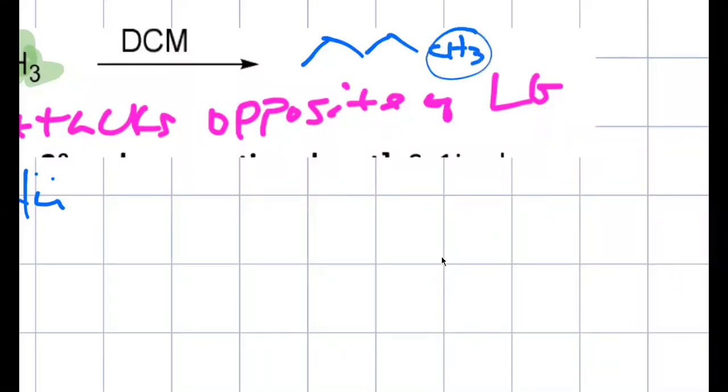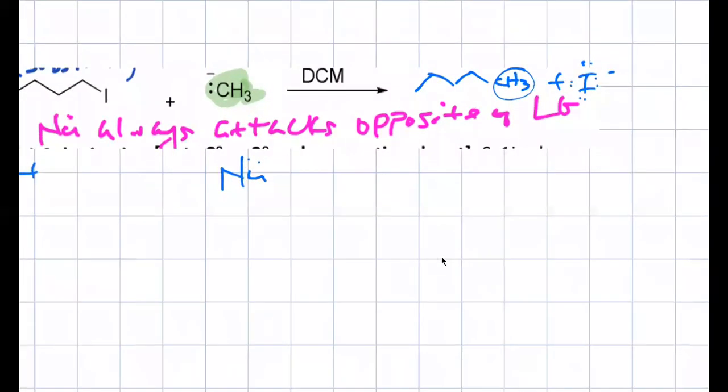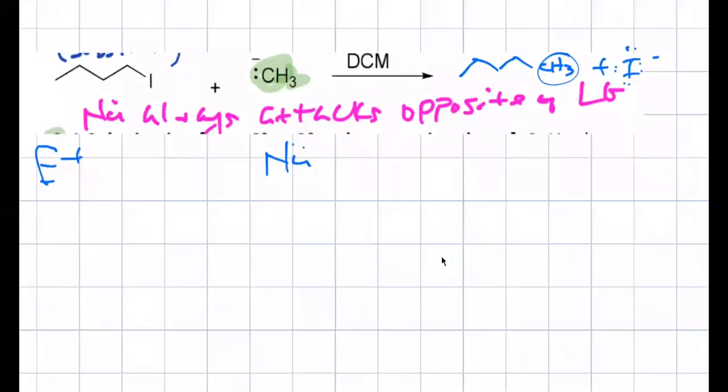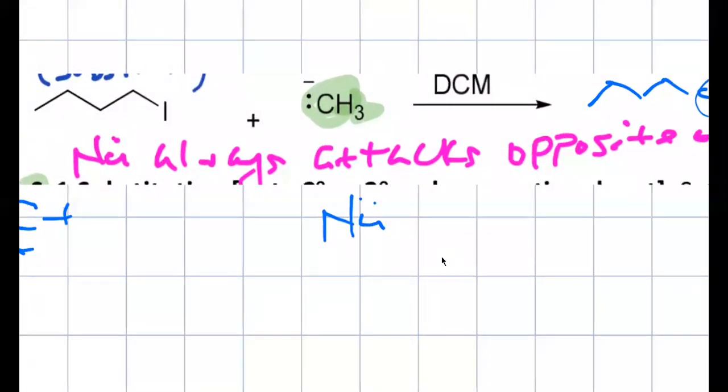So that CH3 is here plus I minus. So that's my product. And if I think about how it happened, that carbon is attacking here, and I'm losing my leaving group.